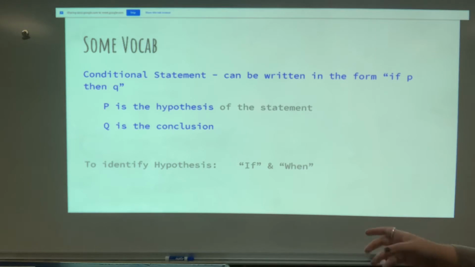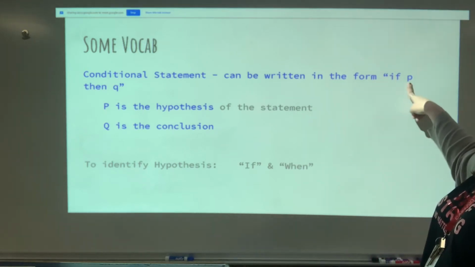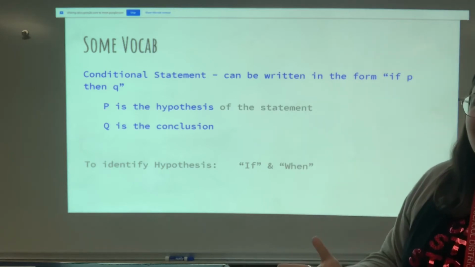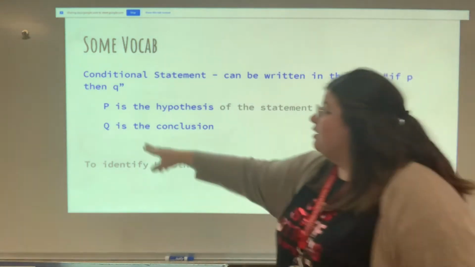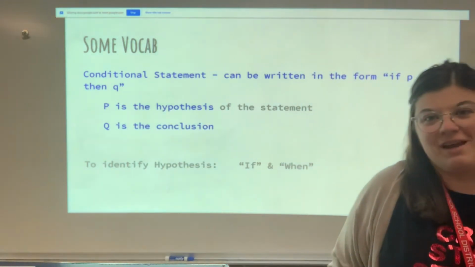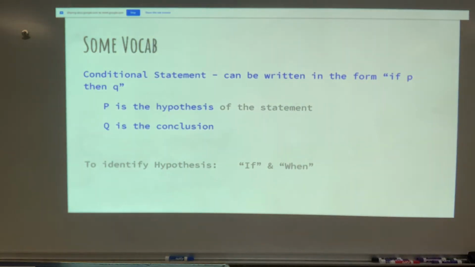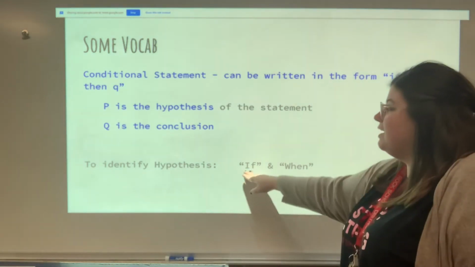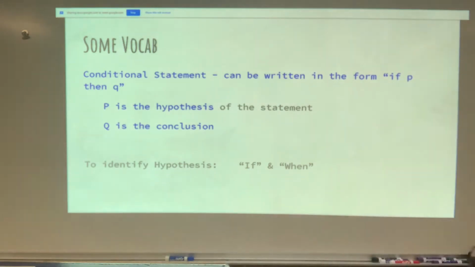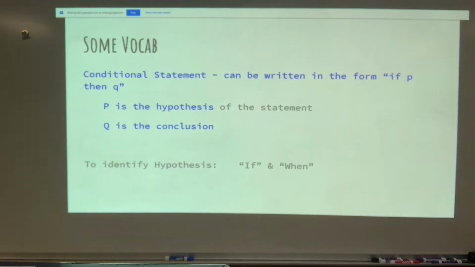So, if this happens, if P happens, your hypothesis, then I conclude that Q, my conclusion, is going to happen. All right, it's kind of convoluted, but get the general idea, all right? Again, things are usually going to be in the form if, then. Take a second, pause if you need to. P is the hypothesis, Q is the conclusion. That's what we're looking at when we're talking about conditional statements.